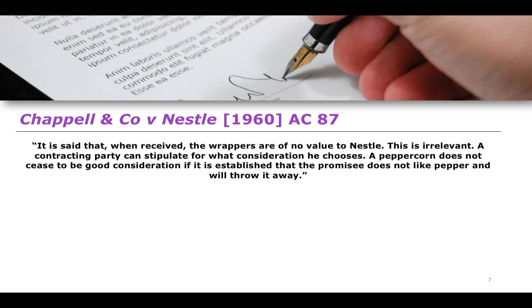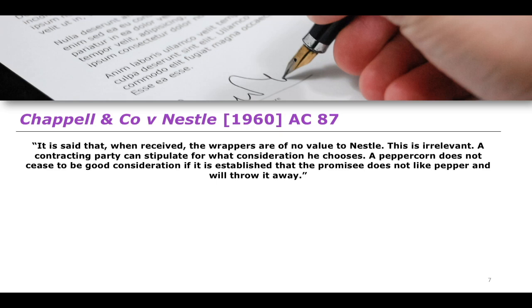And so the question of whether they had value to Nestle was an irrelevant point of fact. The analogy of peppercorns being thrown away because the promisee doesn't like pepper does not mean that pepper has objectively no value. And so the result is that anything that is tangible in terms of value can represent consideration.